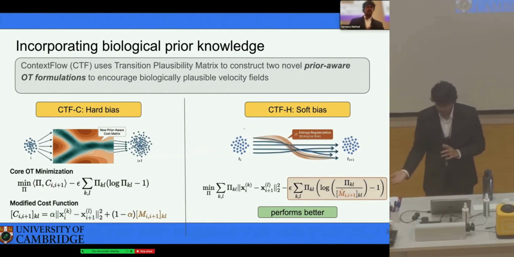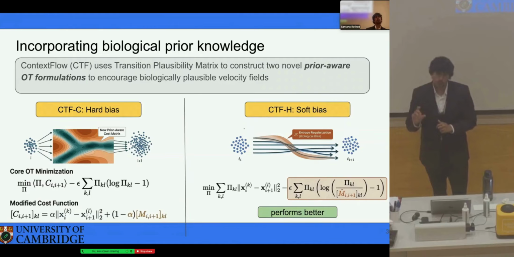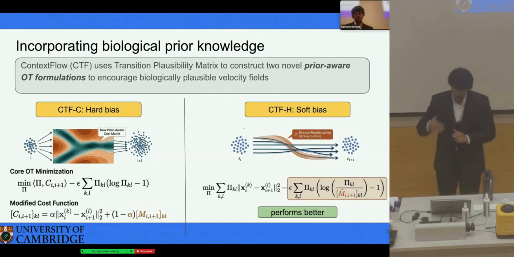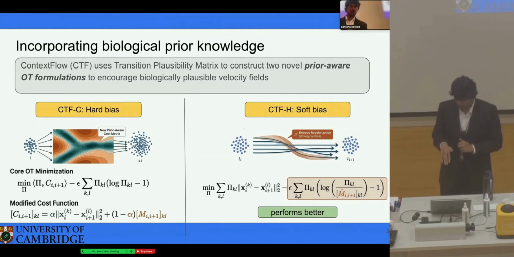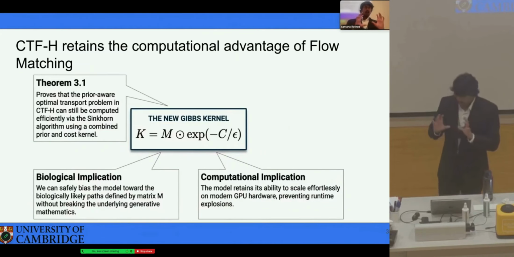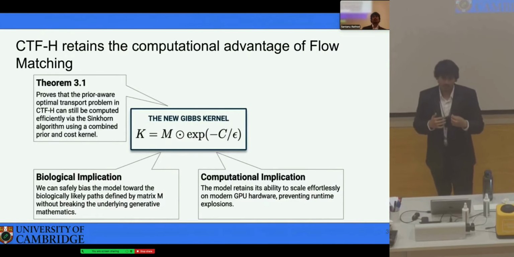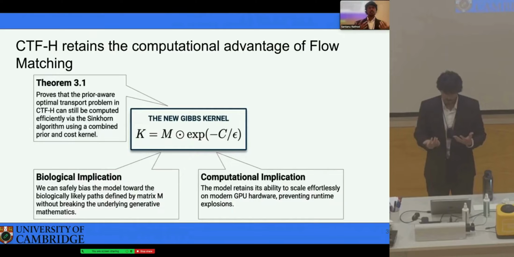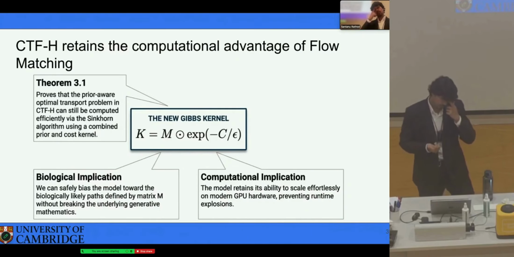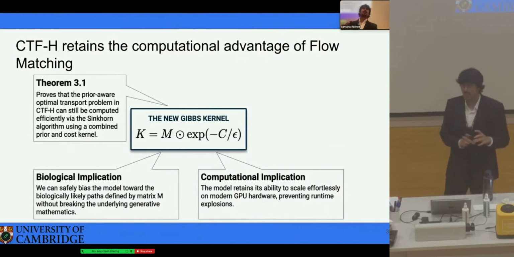In the entropic formulation, you use this plausibility matrix as a soft regularizer, so to speak. And in practice, we observe that this soft regularizer performs better. Not only does it perform better, it also retains the computational advantage of flow matching, because you basically get a transformed Gibbs kernel.